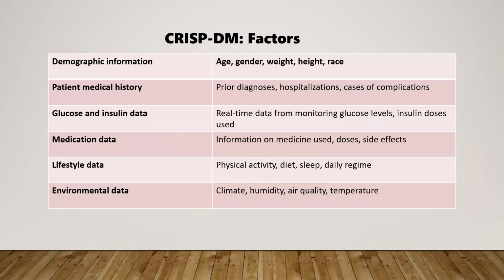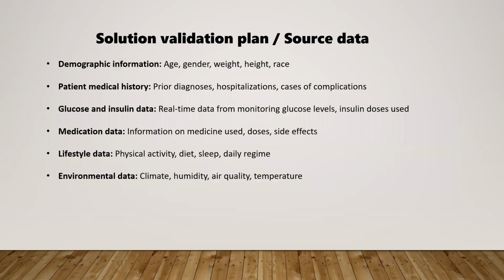For the factors we would need to take into consideration, of course, it would be demographic information, patient's medical history, glucose and insulin data, medication data, what kind of medicine, doses, side effects the patients have, lifestyle data on the regime and activities, and of course environmental data like climate, humidity, temperature.